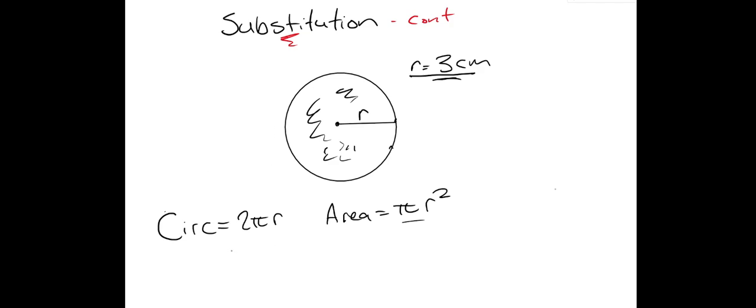Okay, we're given these two equations. The circumference is 2 pi r, and the area of a circle is pi r squared. You may know that off by heart, you may not, but that's what it is.